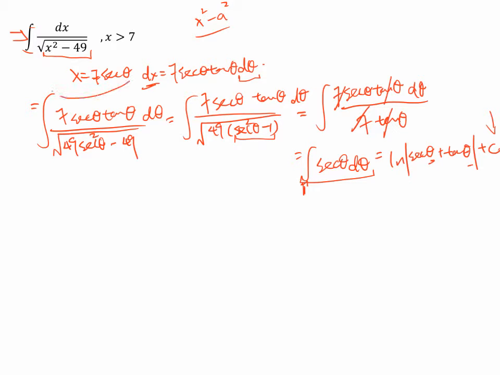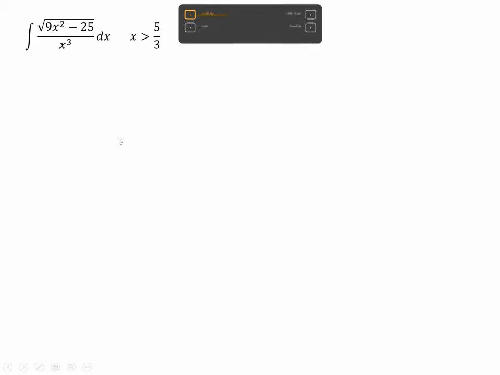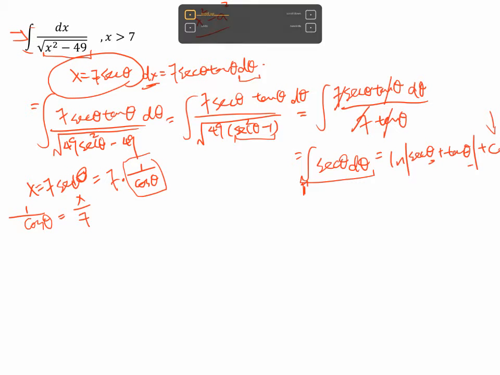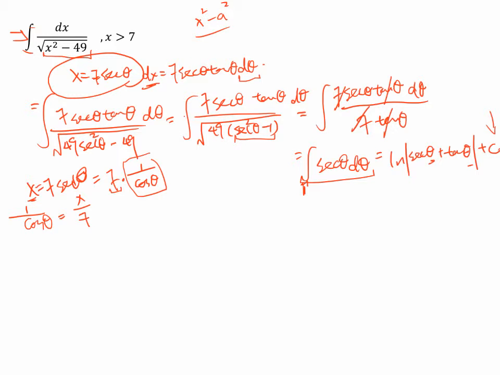So I go back to the very beginning to find the relationship. x equals 7 secant theta, which indicates 7 multiplied by 1 over cosine theta, because 1 over cosine is secant. So 1 over cosine theta equals x over 7. I divide the 7 back to the x side, which equals 1 over cosine theta.